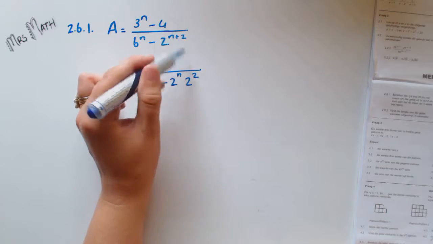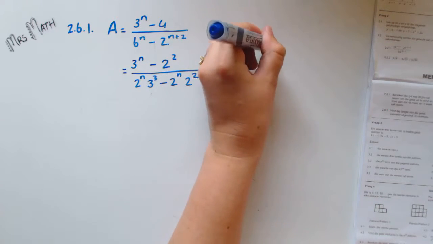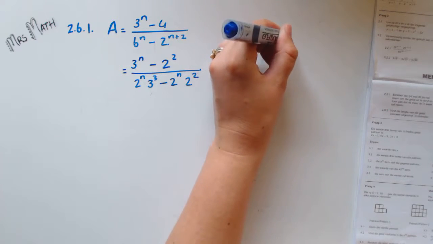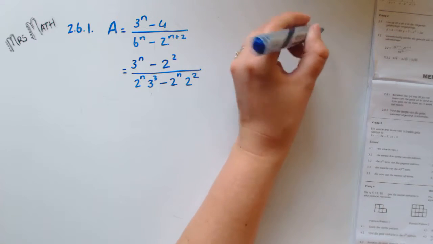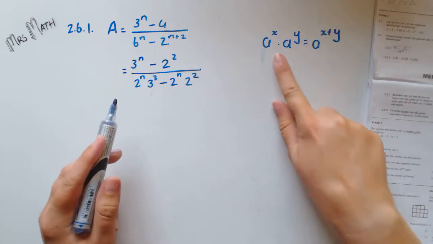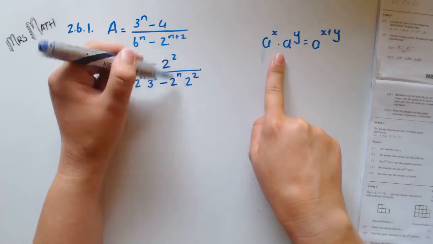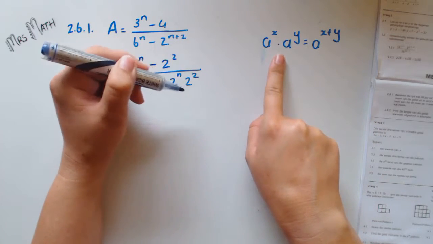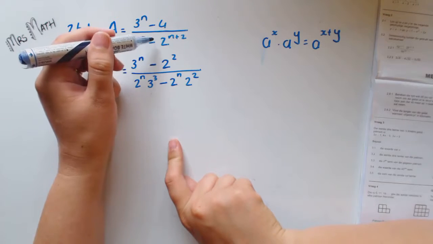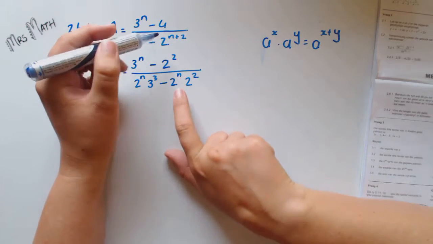If you are wondering if I can do that, let me just remind you of this law that says a to the power of x times a to the power of y equals a to the power of x plus y. This is like your first exponential law. Can you see I just use this law but backwards just to split this? That's what I do when I have negatives in between exponential things.